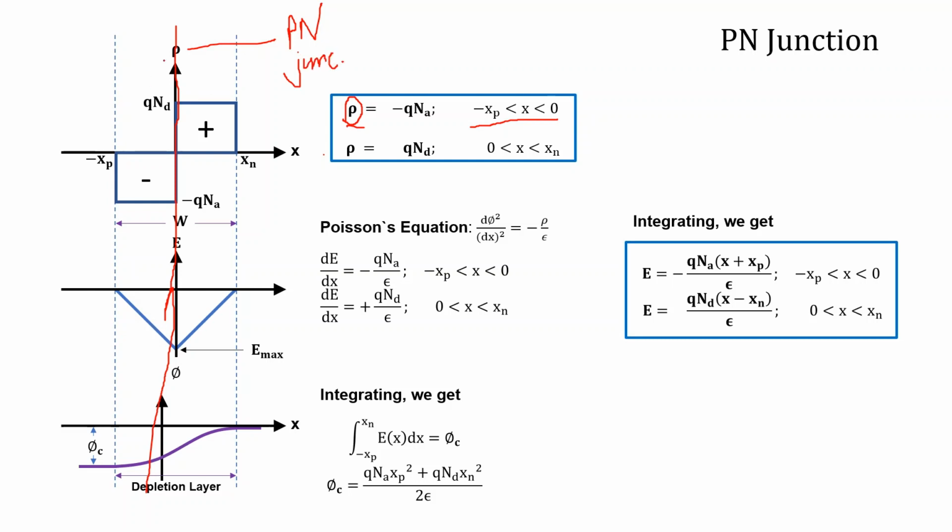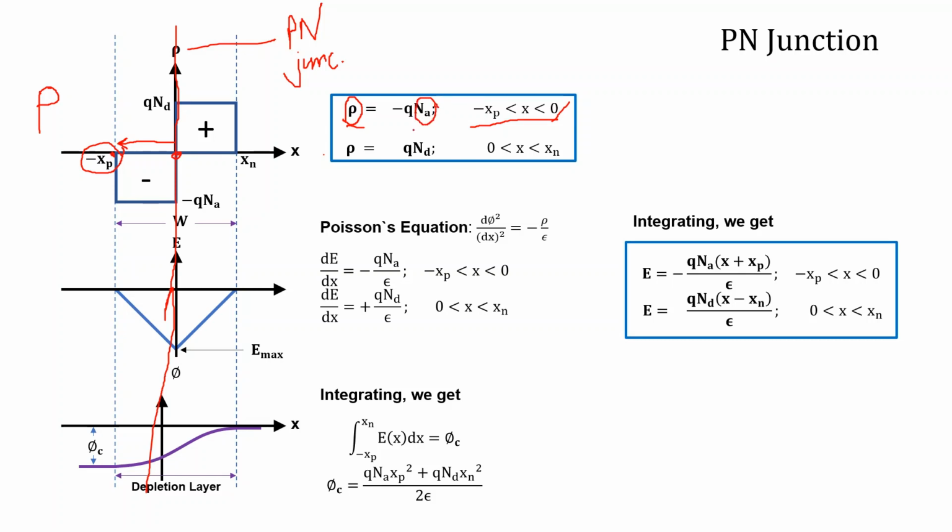Okay, and then this distance is shown as xp. So xp is the width of the depletion region in the p side region. So from minus xp, that is from this point, to 0, that is to this point, there are only negative charges in the depletion region and their density is Na.